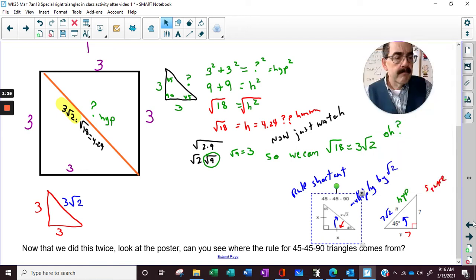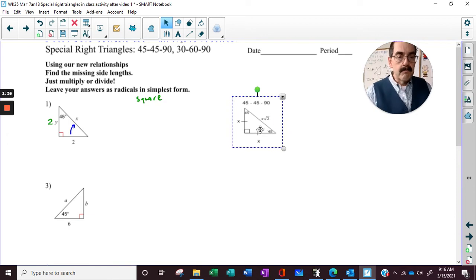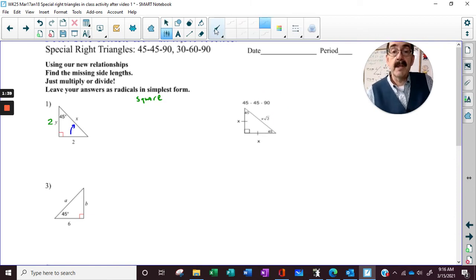Copy. Paste. Okay. So multiply to go one way, divide to go the other. So the answer has to be 2 radical 2.